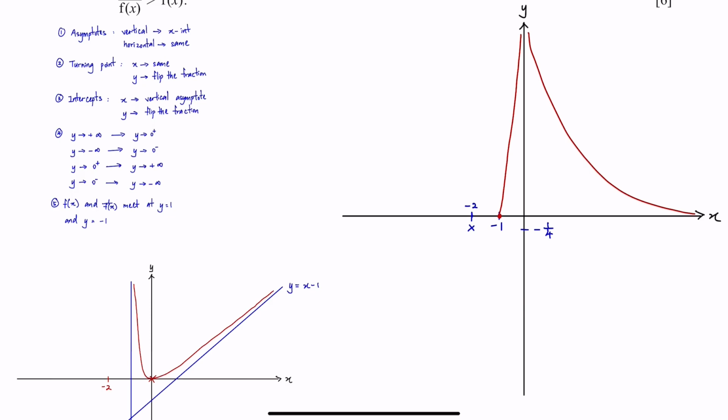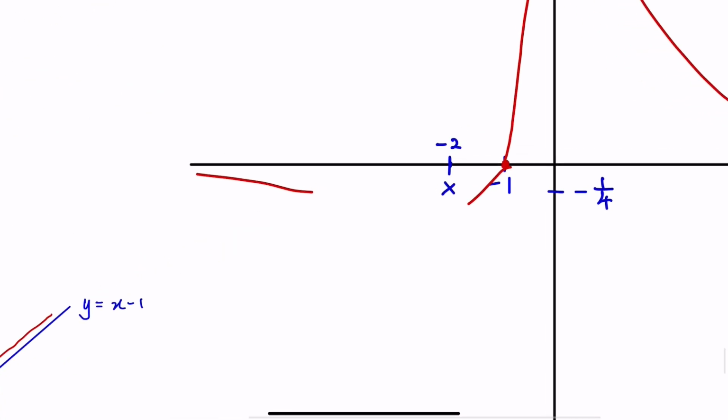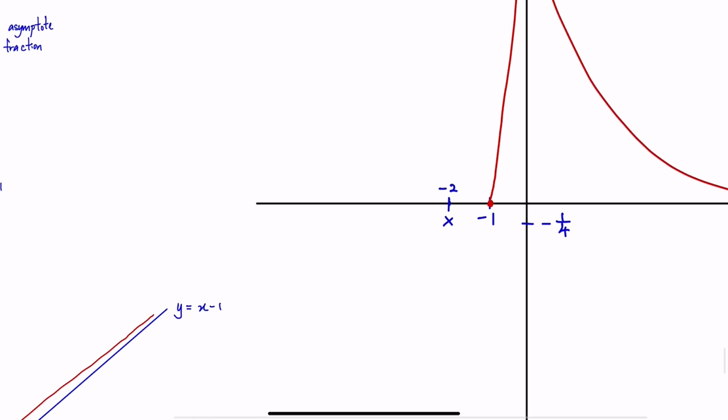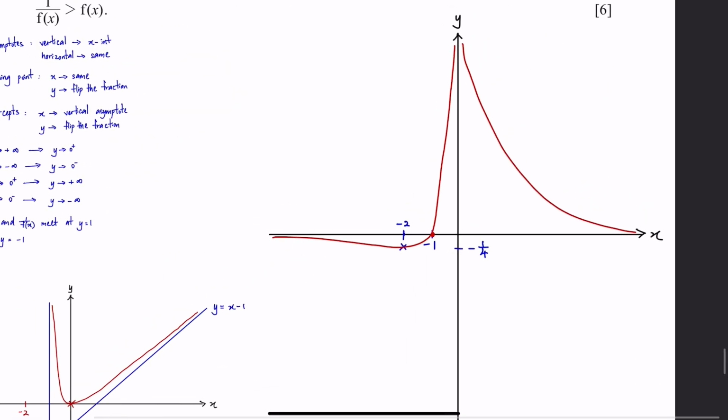The shape is around like this, and do note that there's a turning point here, so we can just connect them. Yes, this would be the new graph.